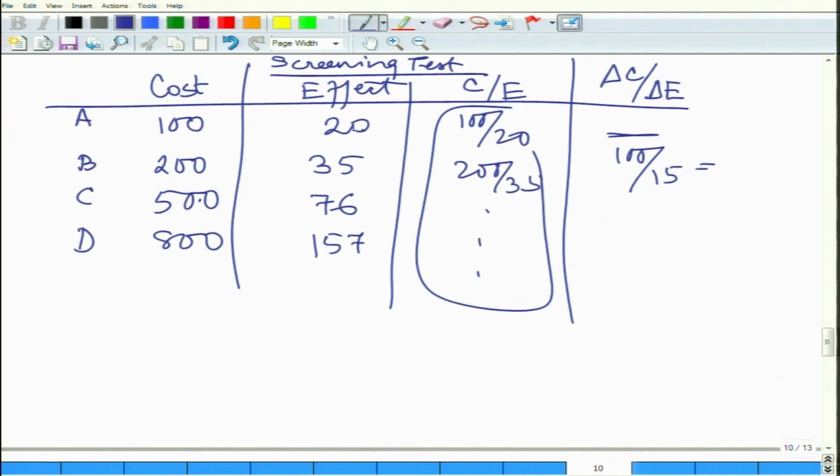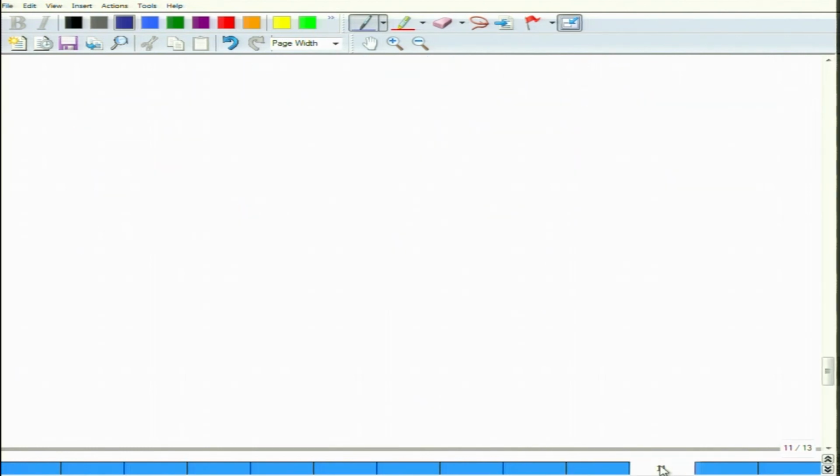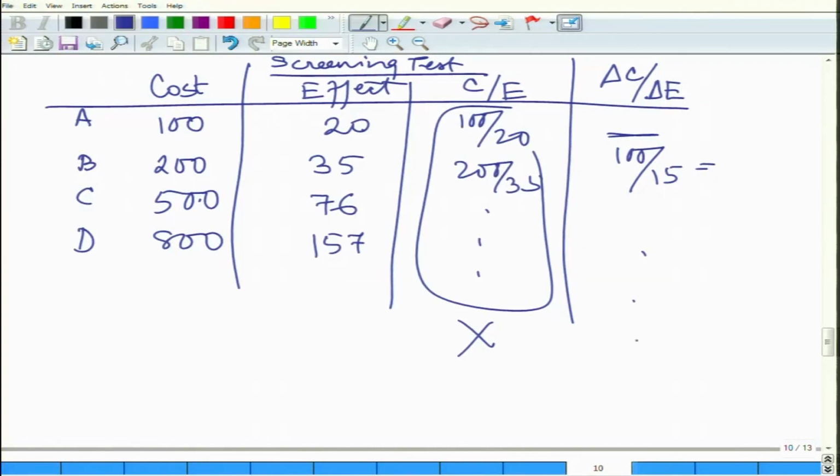Based on these marginal values, I will take the decisions, but not on the average. So remember that. These are the ICERs based on which we take the decision rules.